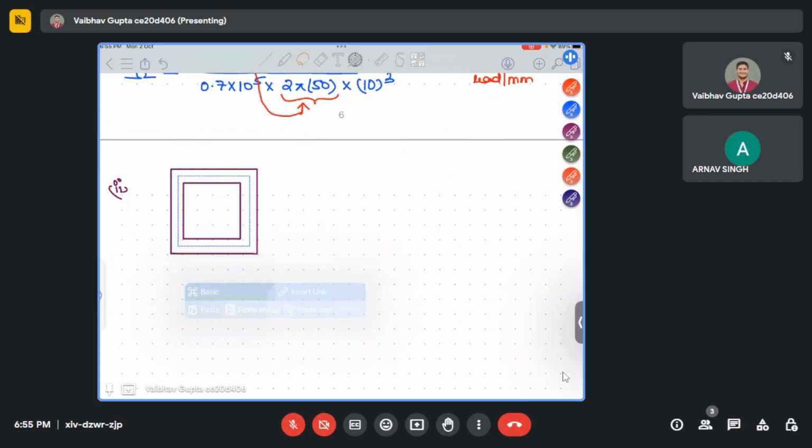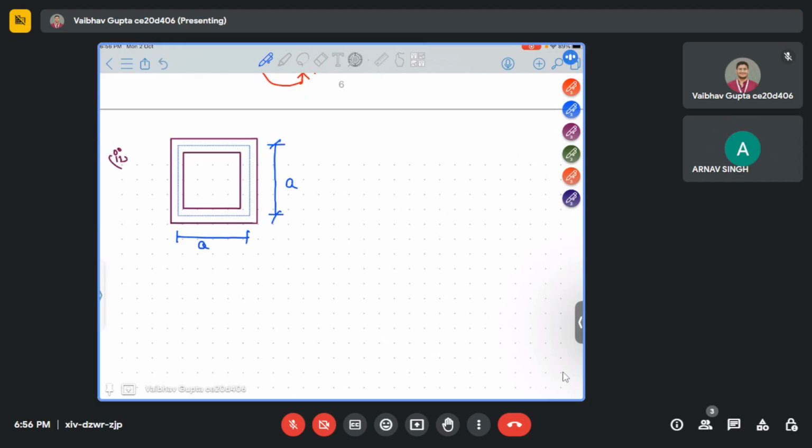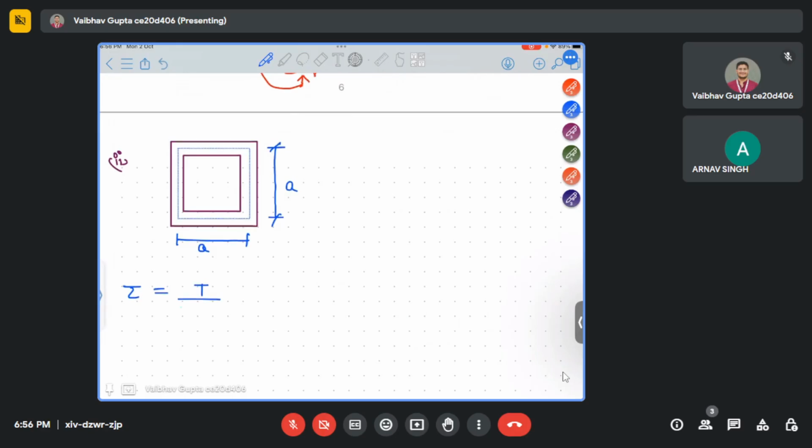Here the mean distance, the dotted line distance, is given to us as a. Now without any slit, what is the shear stress? The formula is the same: T upon 2t times the enclosed area.